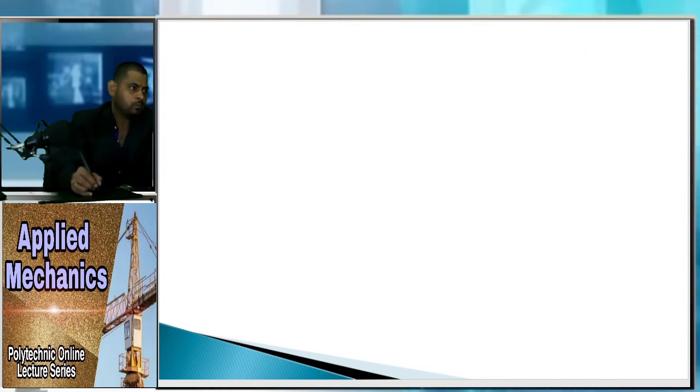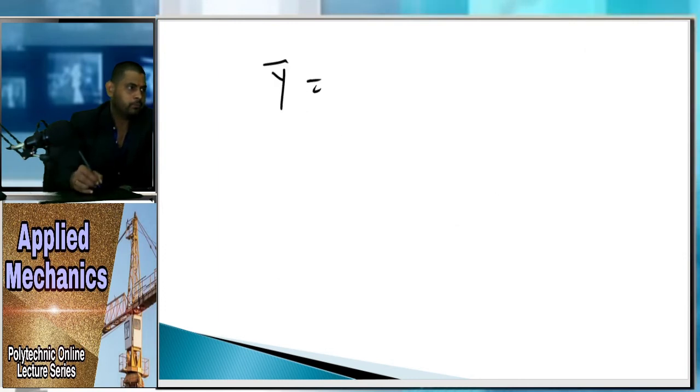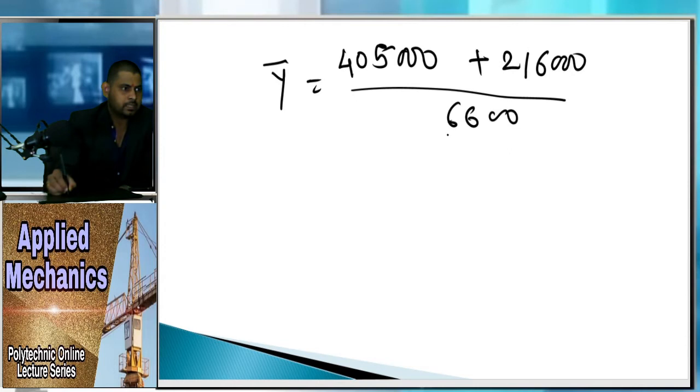So now just do the calculation of that term, so you will get the answer. Y bar is equal to, 3000 multiplied by 135 is nothing but how much? 405000 plus 216000 divided by 6600.